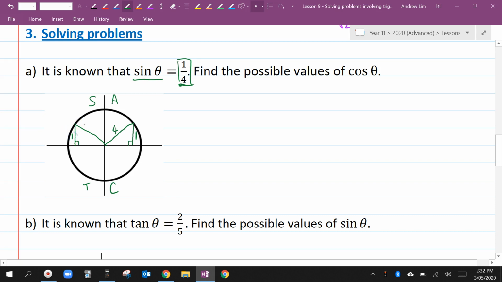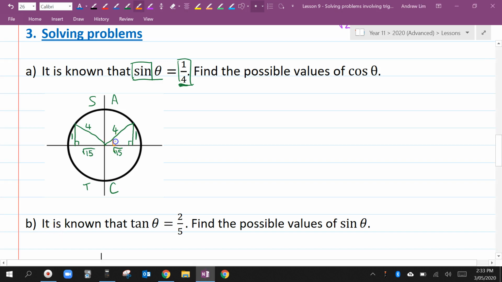Opposite is 1, hypotenuse is 4. Okay, because it's sine. Opposite over hypotenuse. And so now we can use Pythagoras' theorem to work out the length of the unknown side. We have 4 squared minus 1 squared is 15. Square root of 15 is just root 15. So each of these lengths are root 15.